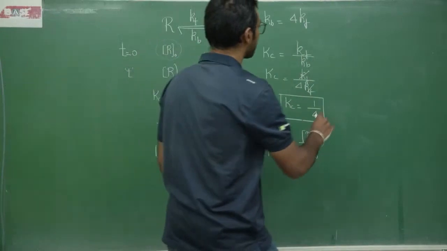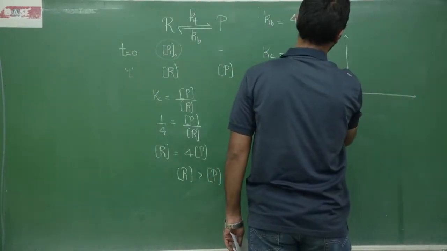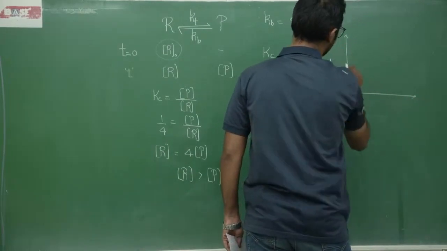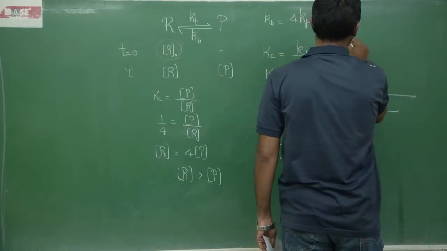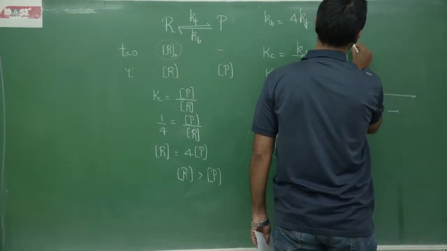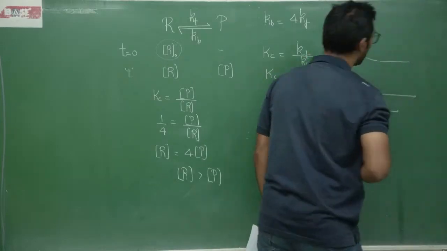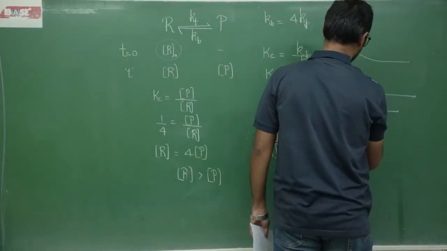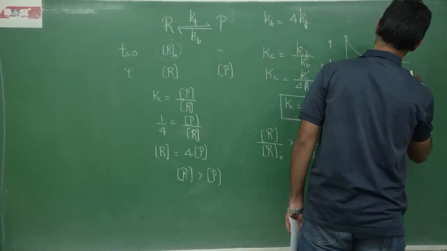And hence, to conclude this, when we draw a graph of molar concentration versus time, the molar concentration of reactants goes on decreasing till a particular point, and then it remains constant, and then the molar concentration of products goes on increasing, and then at equilibrium it remains constant.